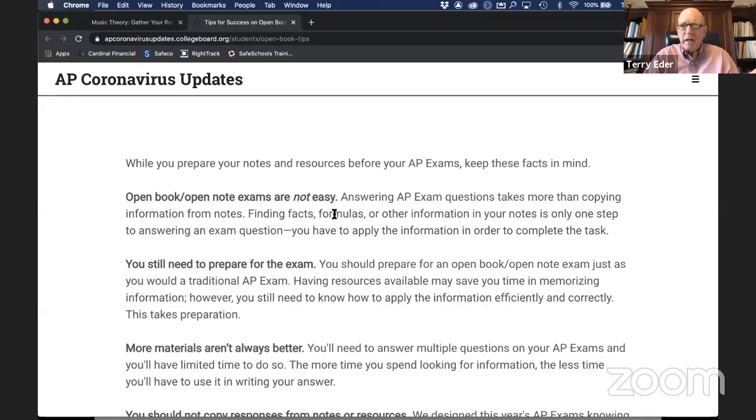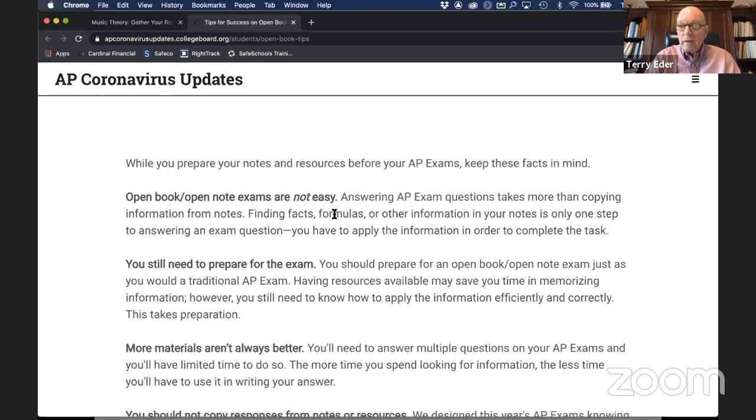And of course, that's not even a possibility for us, because the content for us is questions that have been specifically written for this test, the part writing questions and the sight singing melodies. Finding facts, formulas, or other information in your notes is only one step to answering an exam question. You have to apply the information in order to complete the task.